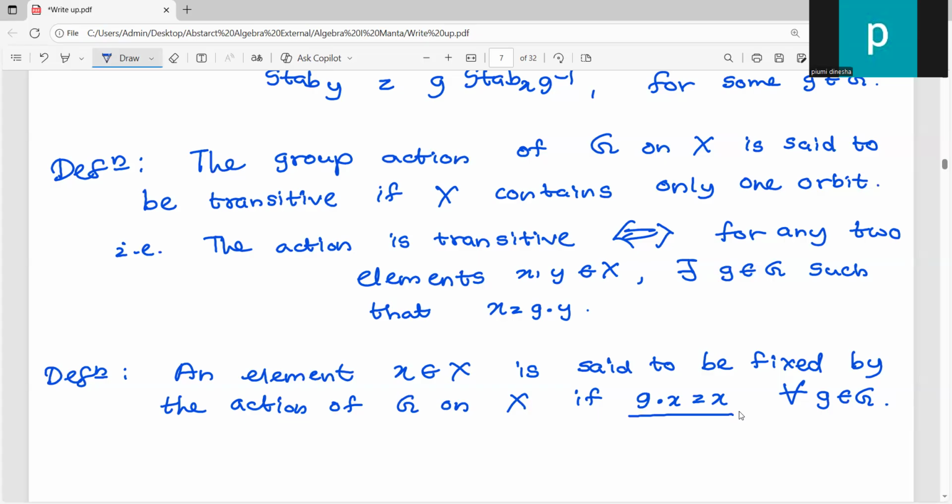If every element in G fixes that element, we say that the element is fixed. Okay.